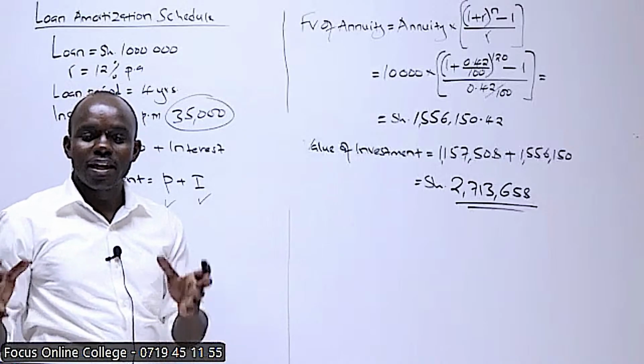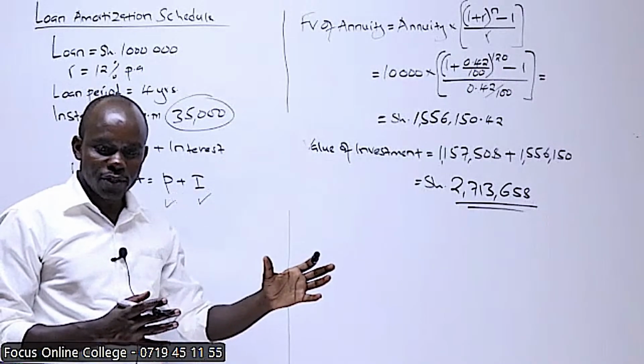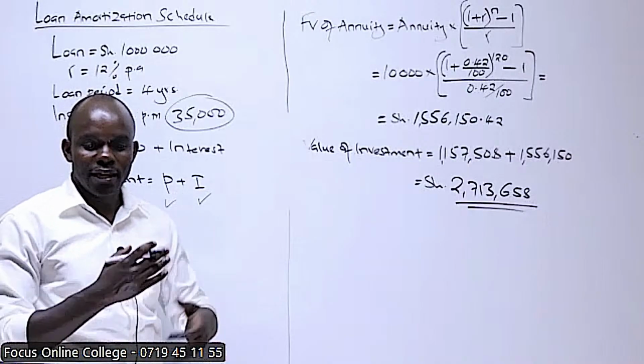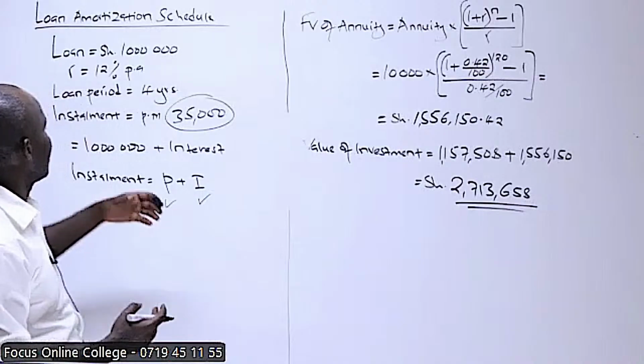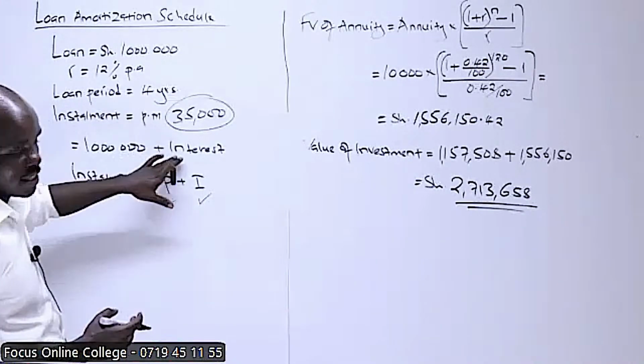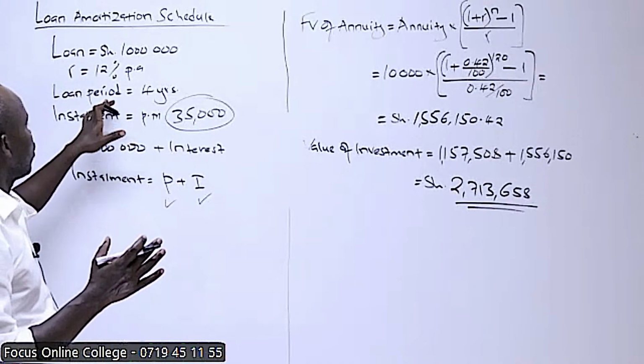No. Every time you're making a loan repayment, you are paying an element of the principal and an element of the interest charged. And then you continue until you exhaust the principal amount plus the interest charged on the loan within the period of the loan.